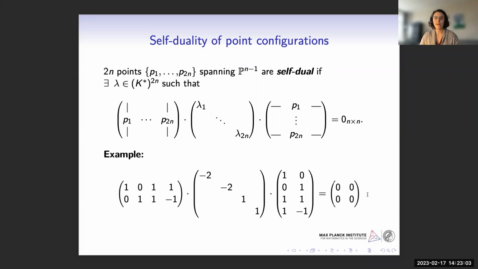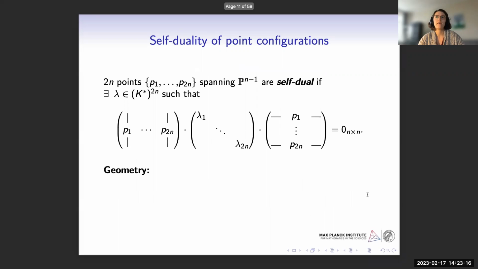Can I pick a different set of 4 distinct points in P^1? Is it still possible to find such a diagonal matrix? And indeed, it will always be possible for 4 points in P^1. This is part of the interesting geometry that we see behind these self-dual point configurations. If you have 4 distinct points in P^1, it's always possible to find such a diagonal matrix. So all sets of 4 distinct points in P^1 are actually self-dual.